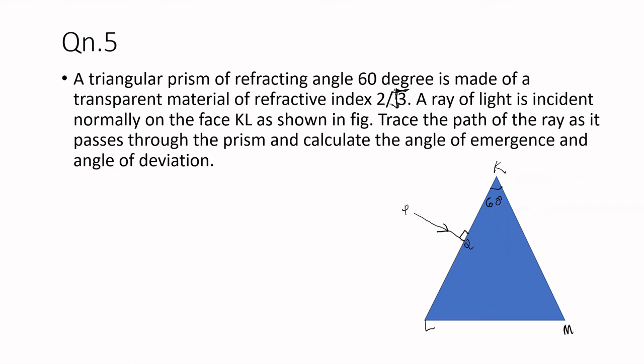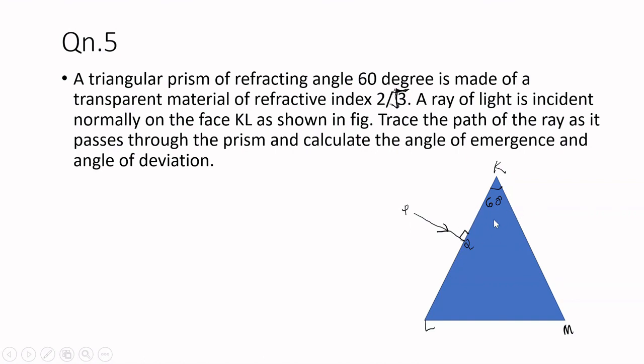A triangular prism of refracting angle 60 degree is made of a transparent material of refractive index 2 by root 3. A ray of light is incident normally on the face KL as shown in figure. Trace the path of the ray as it passes through the prism and calculate the angle of emergence and angle of deviation.